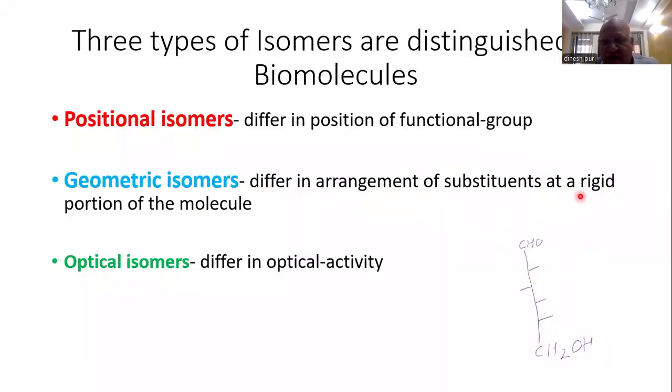So many different geometric isomers are present, which differ in arrangement of the substituent groups, hydroxyl group precisely, at the rigid portion of the biomolecule. And optical isomers differ in optical activity. We are going to see that later.